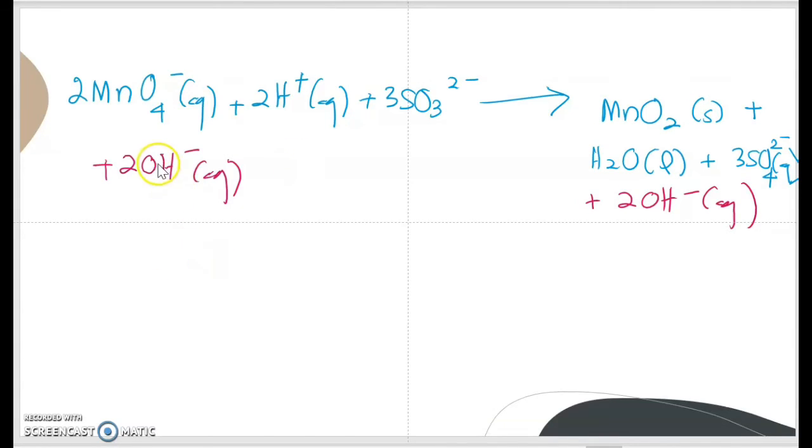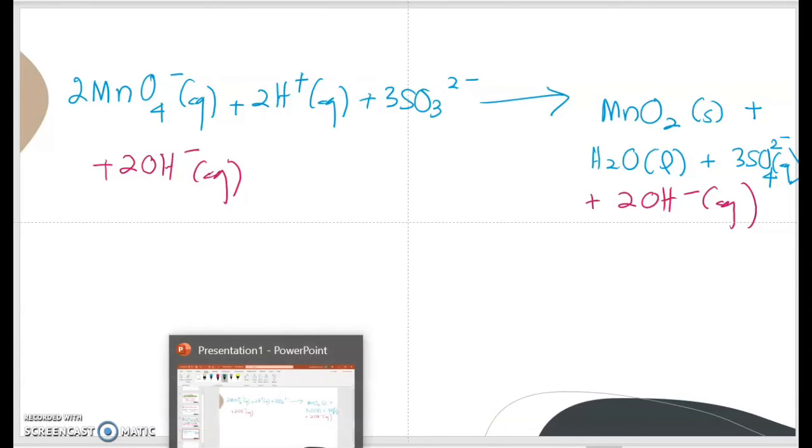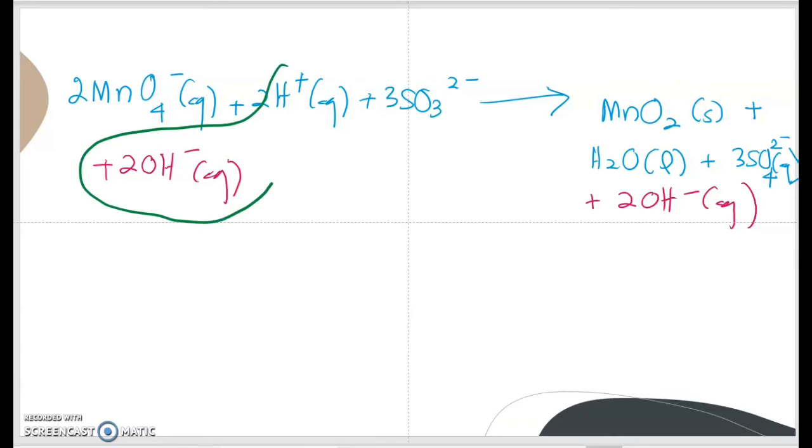Okay, what happens when OH combine with H plus? It will combine and produce a water. How many mole of water form? It is 2 mole.